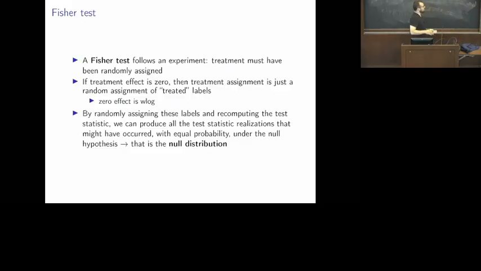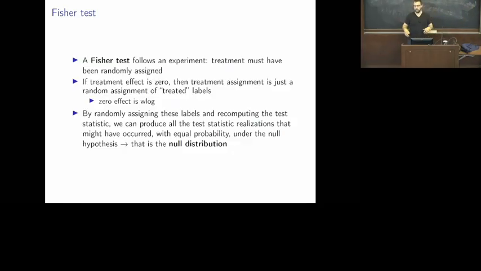So if the treatment effect is 0, and I have two groups, then treatment assignment is just randomly assigning labels, and that's thinking of a 0 treatment effect without loss of generality. By reassigning these labels and recomputing the test statistic, we can produce all the test statistic realizations that might have occurred with equal probability under the null hypothesis.